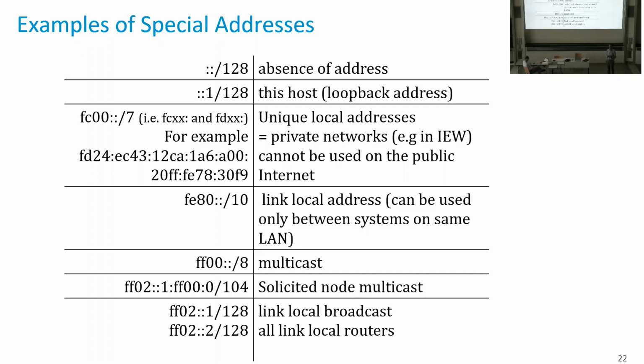So it will always have a link local address, and there are mechanisms to make sure that those are valid addresses. Being link local means that collisions are possible. It's possible that 2 IPv6 machines in the world have the same link local address as long as they are not in the same LAN. Because link local addresses can be used as destination addresses only for destinations that are in the same LAN.